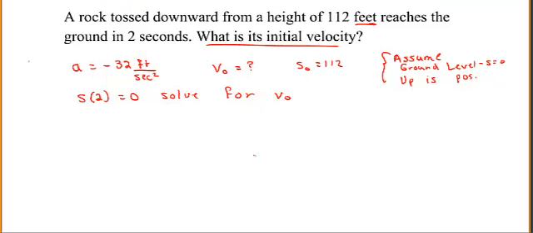Now let's recall, s of t was equal to at squared over 2 plus v sub 0 t plus s sub 0.